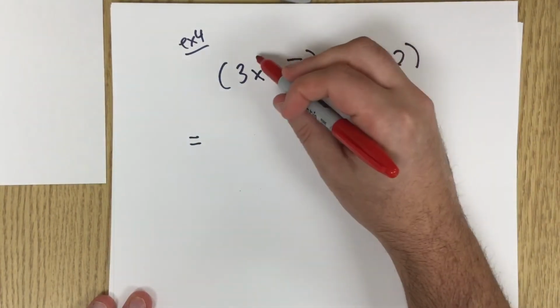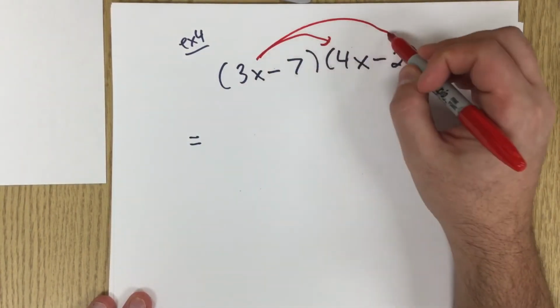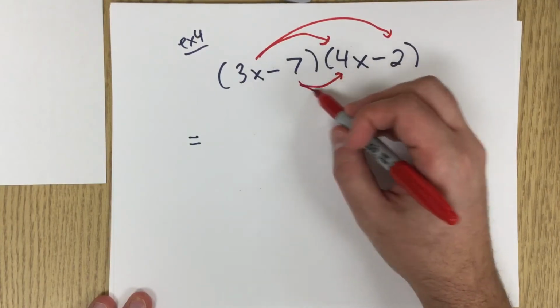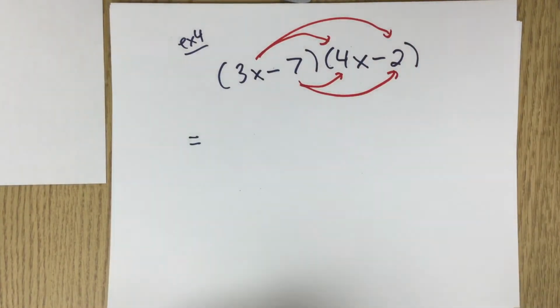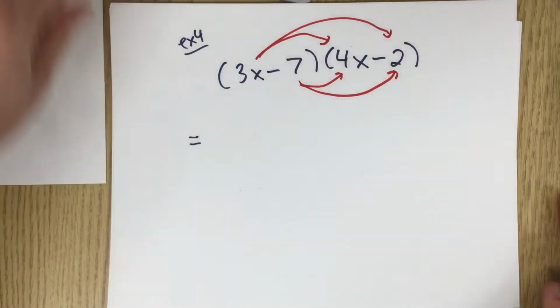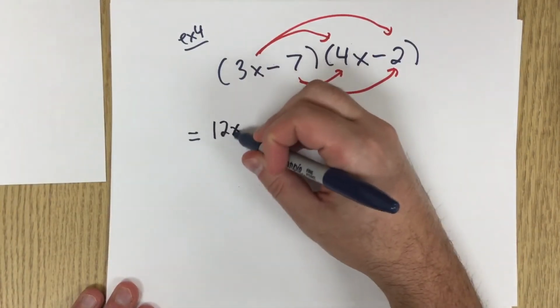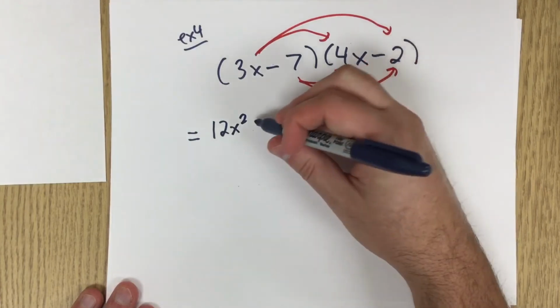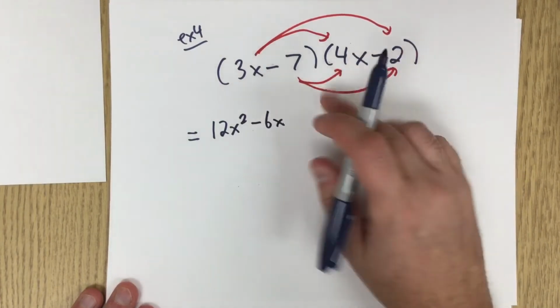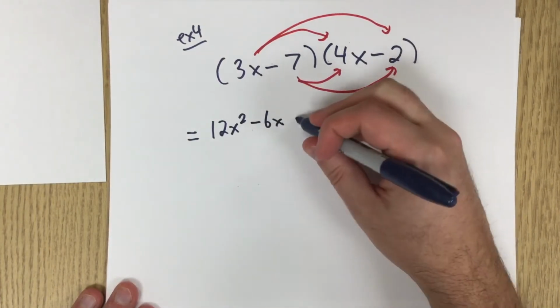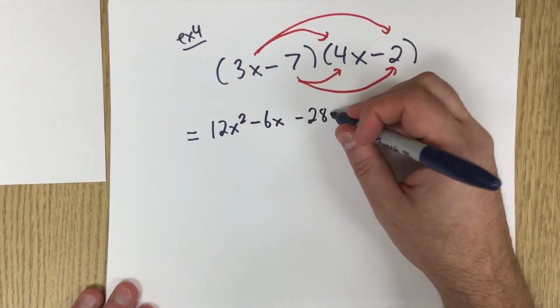So again, we multiply this one by those 2. We multiply this one also by those 2. 3 times 4, x times x is that. 3 times negative 2 is negative 6x. Negative 7 times 4 gives us negative 28x.